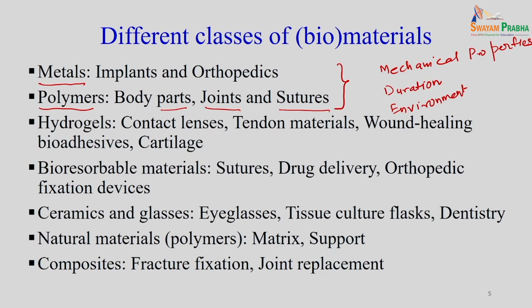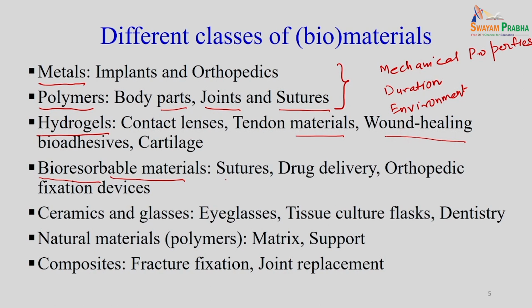Apart from the polymers and metals, hydrogels are also used, particularly for contact lenses, for tendon materials, as bone healing bioadhesives, and cartilage. Bioresorbable materials degrade with time.